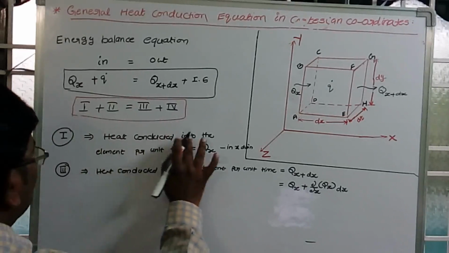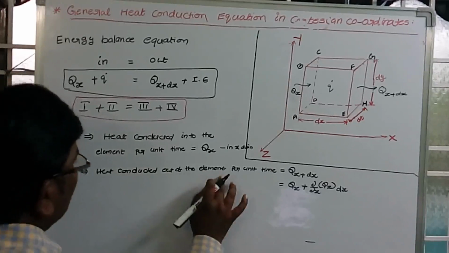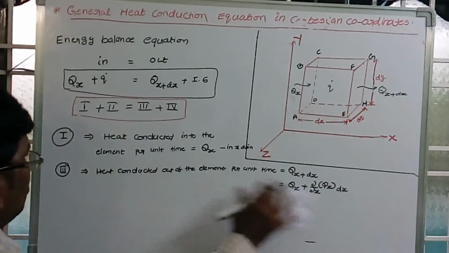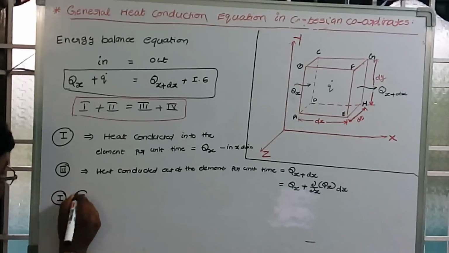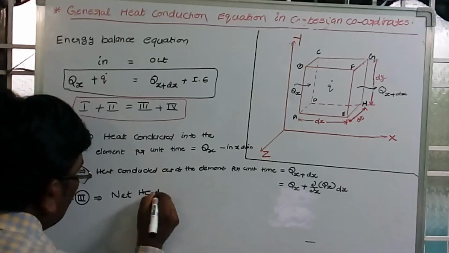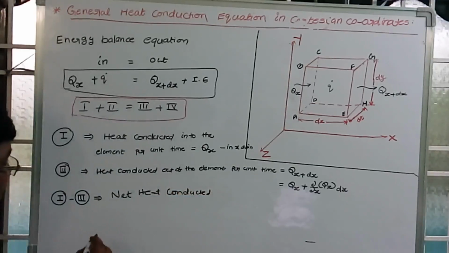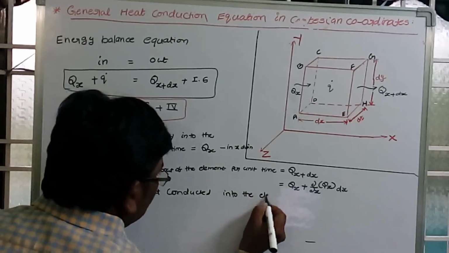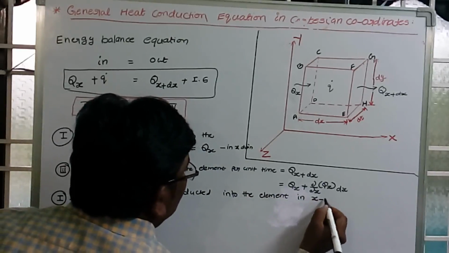1 is heat conducted into the element per unit time, that is entering. This Roman number 3 is heat conducted out of the element per unit time, that is heat leaving. So what is 1 minus 3? 1 minus 3 is equal to net heat conducted into the element in the x direction.